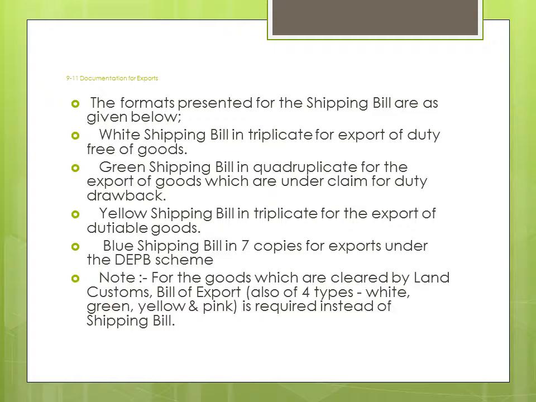Blue shipping bill in 7 copies for exports under the DEPB scheme. For the goods which are cleared by the land customs, bill of export, also of 4 types, white, green, yellow and pink, is required instead of the shipping bill.